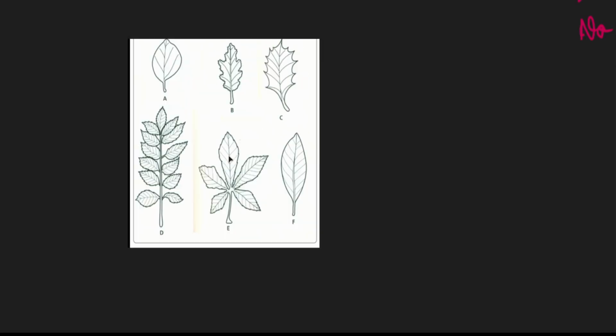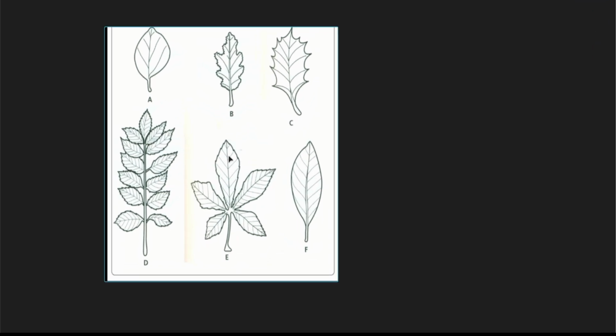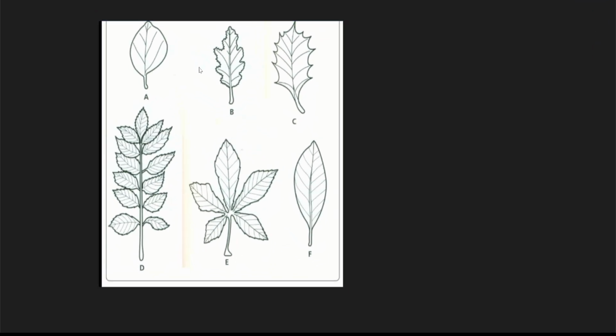When we look at this, one thing you might notice is that A, B, C, and F are one singular variable, while D and E are multiple.